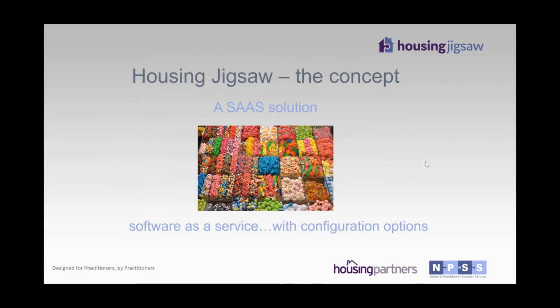Just as a reminder, Housing Jigsaw is a SaaS solution, so software as a service, with many, many configurable options. So the idea is we put everything in that we think you need, you may need or could need in the future within each individual module. We put what we think is good practice around the questions, the approach and the checklists that you could be using across the modules.